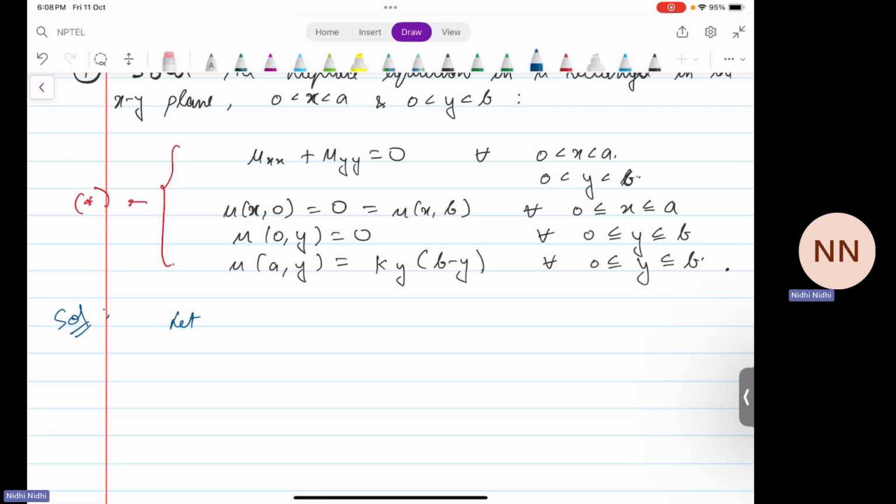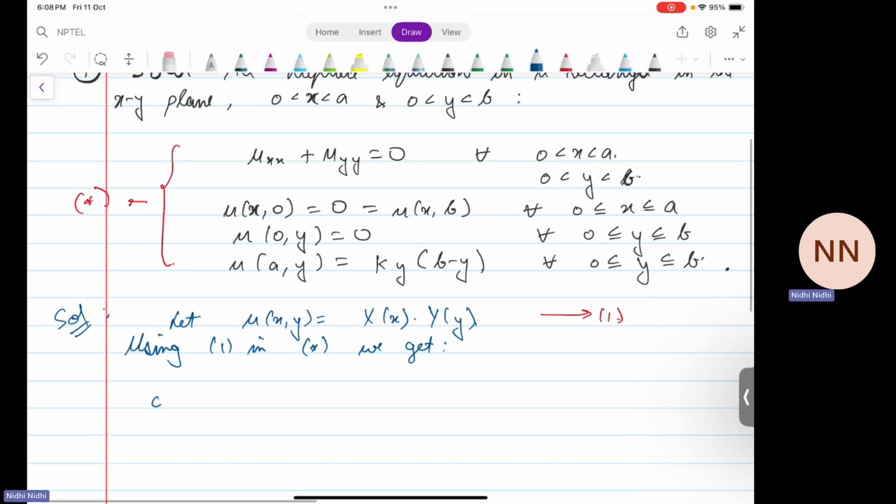I will start with taking u(x,y) equals to, let u(x,y) be equal to X, a function only of x, and Y, a function only of y. So let's number this as 1. Using this in star, let's start with the boundary conditions.